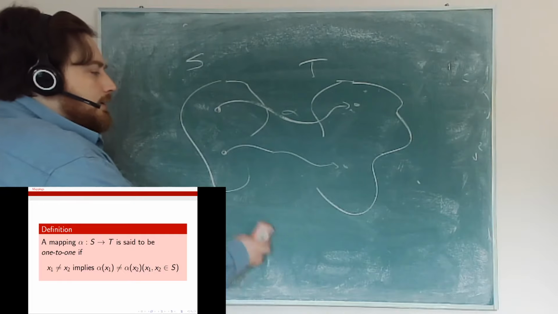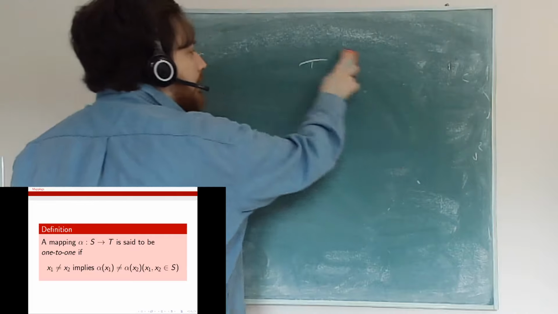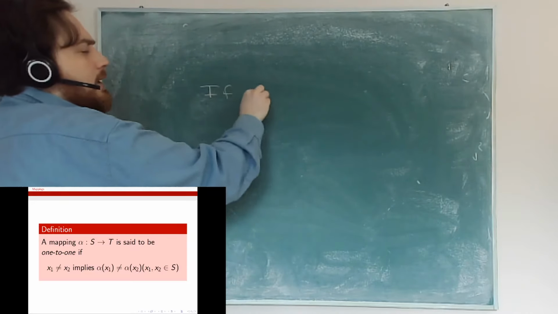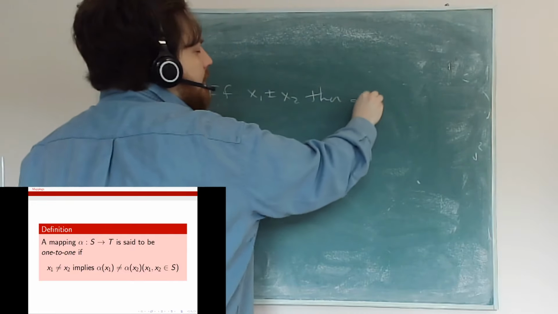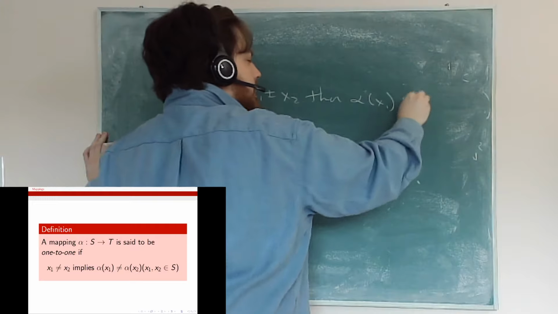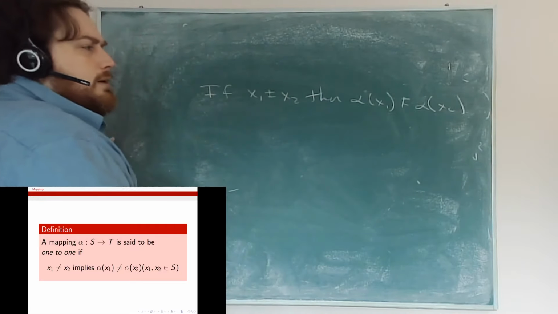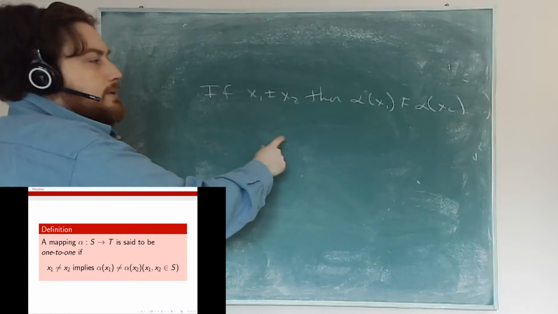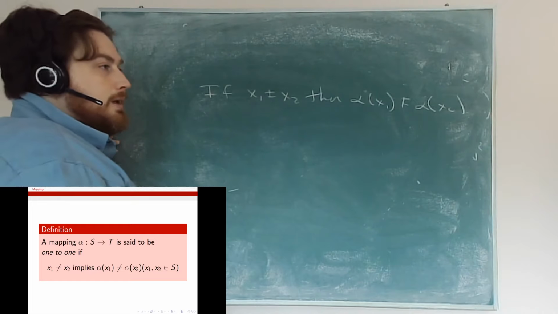All right. Now I do want to point out that our definition of one-to-one is: if x1 is not equal to x2, then alpha of x1 is not equal to alpha of x2. And so if we want to prove that something is one-to-one, I'd have to show that whenever x1 is not equal to x2, alpha of x1 is not equal to alpha of x2.